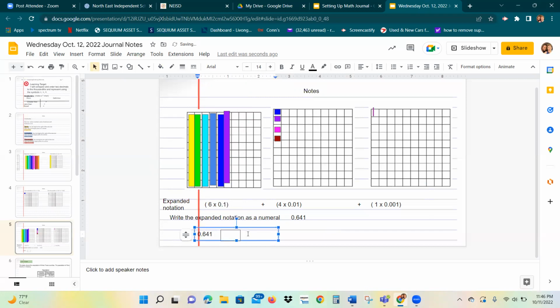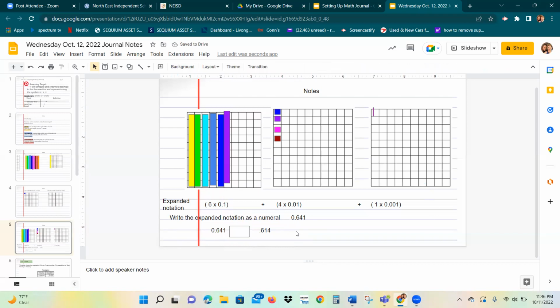And I wanted to compare it to $604,000, or yeah, 614,000. What could I say then about this, using our symbols of greater than, less than, or equal?